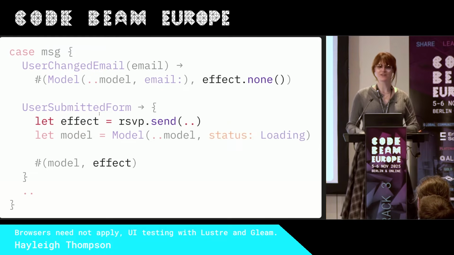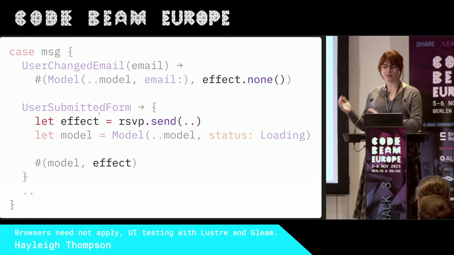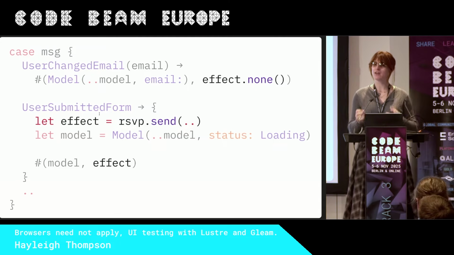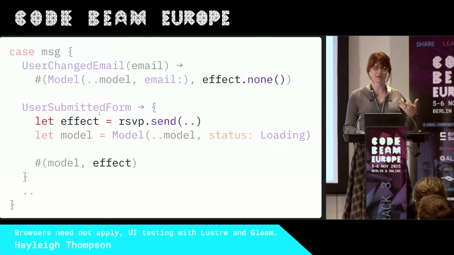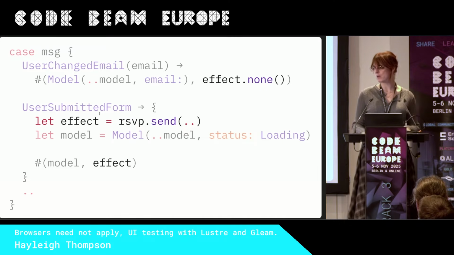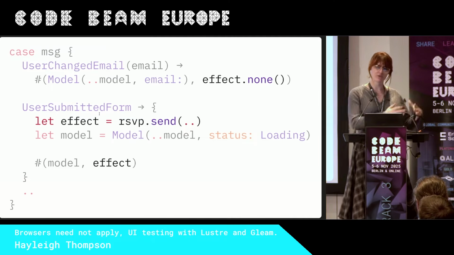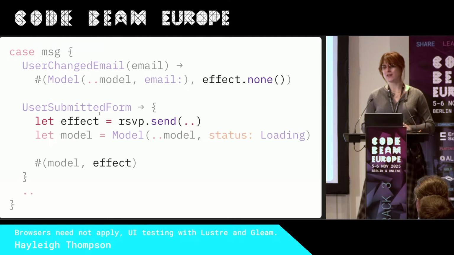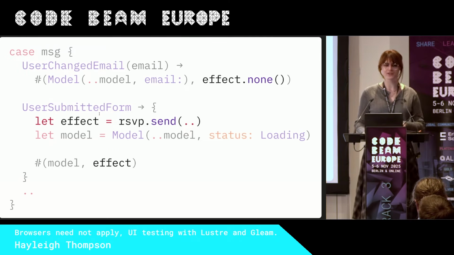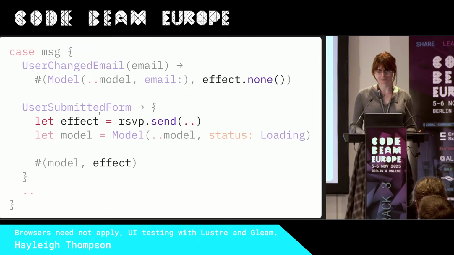And kind of interestingly, we also separate apart our side effects. So here, RSVP is a library for Lustre for doing HTTP requests. And this is a second separate thing that we return from our update function, independent from our state updates. And that's going to come into play in a little bit.